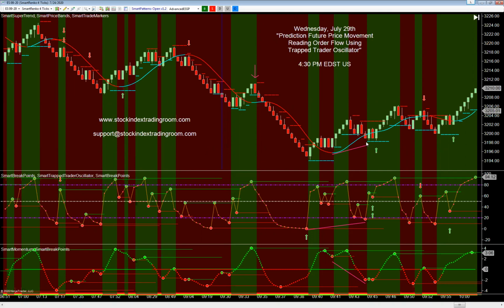Here we're fortunate that price is equal. So we get a massive up order flow read with trap trader oscillator and a double lead out situation. Rather than see here, where we get a break and then a lead out but give up a couple of points of real estate to get into that, here we don't give up any, and we get a 5 full point winner.